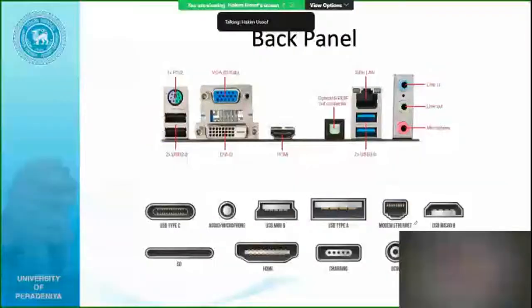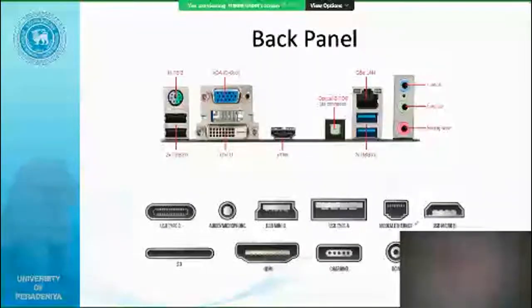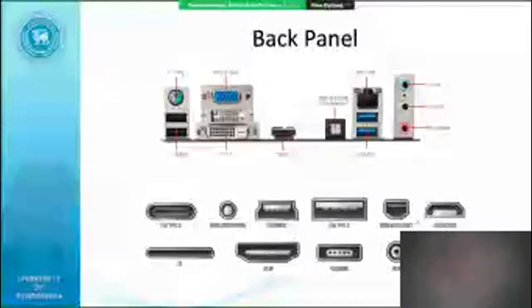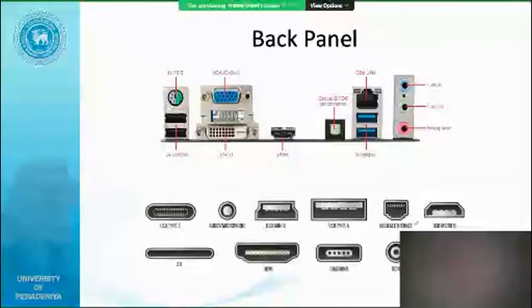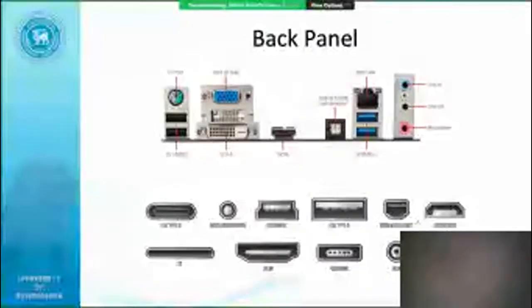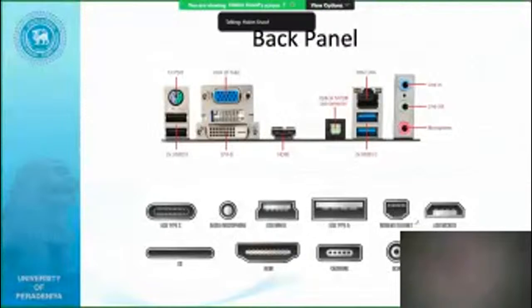So as science graduates, you need to know what these components do, what their capacity is, what their strengths and weaknesses are, right? Whether you are advising someone to buy one, or you're thinking of buying one yourself, you need to know what each of these components actually does in a computer system.